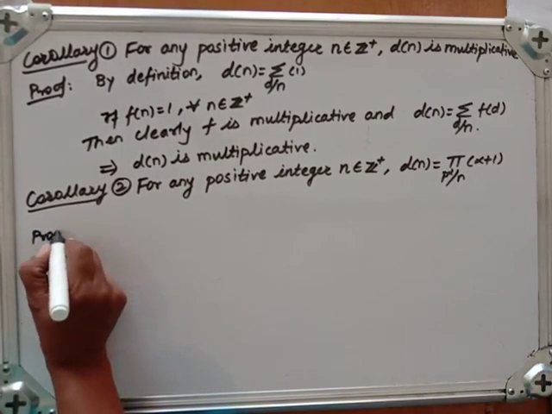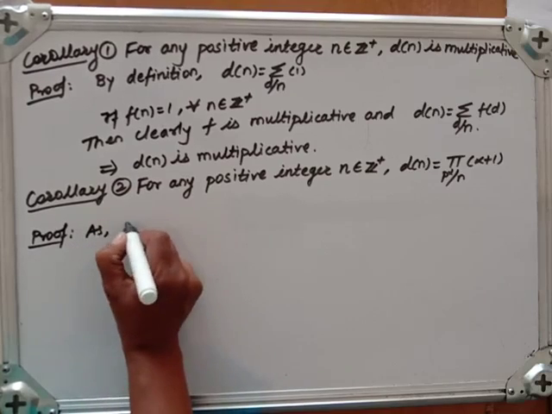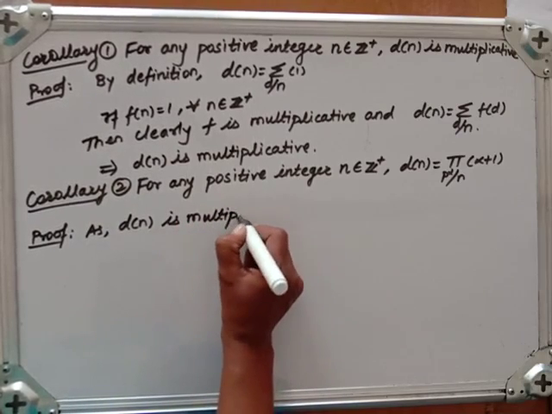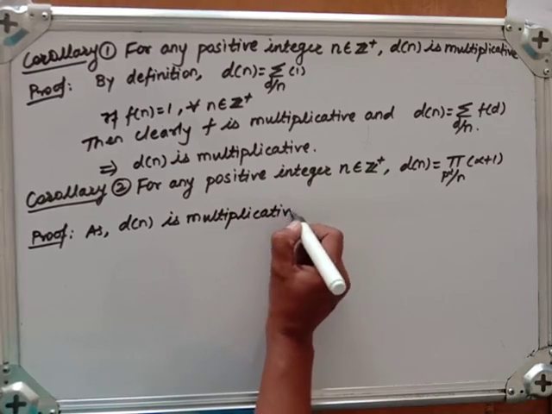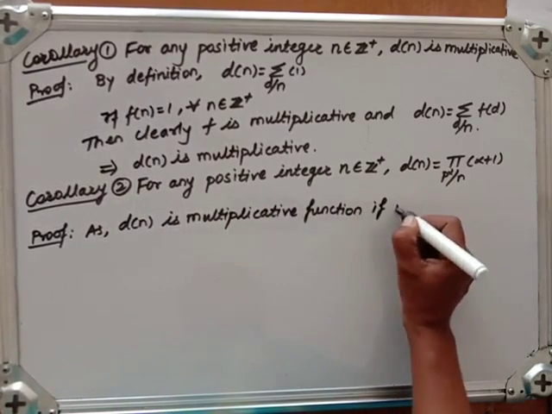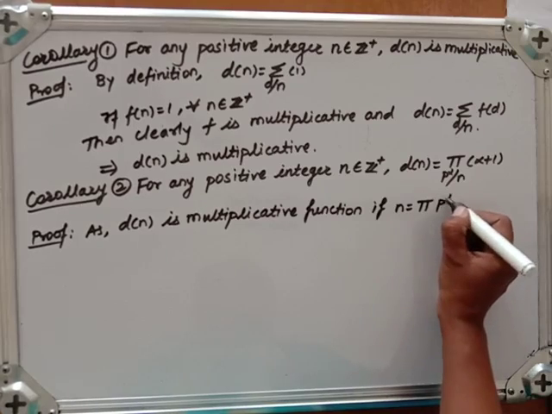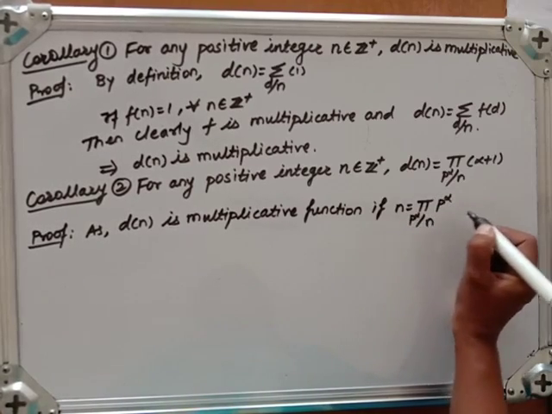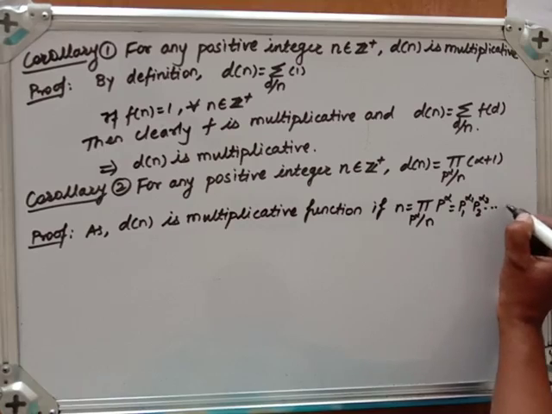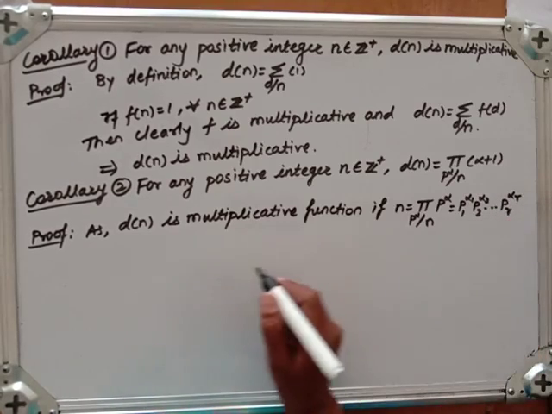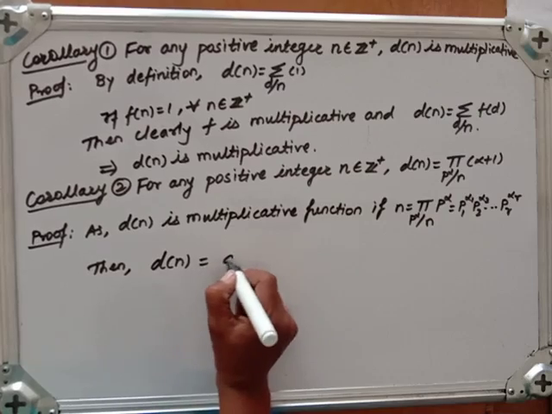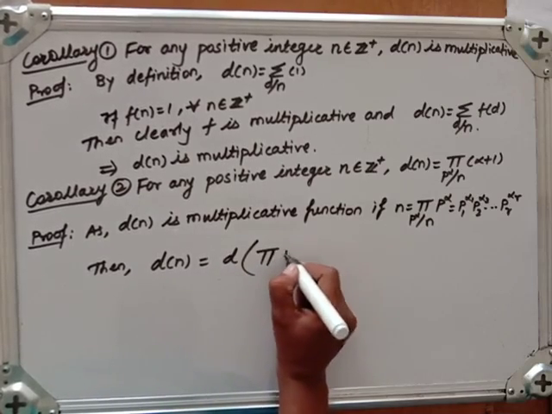Proof: as d of n is a multiplicative function, if n equal to the product of p raised to alpha where p raised to alpha divides n, that is equal to p1 raised to alpha 1, p2 raised to alpha 2 and so on up to pr raised to alpha r, then d of n will be d of this product, which is the same as the product of d of p raised to alpha.